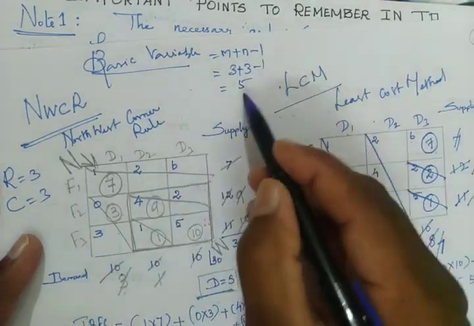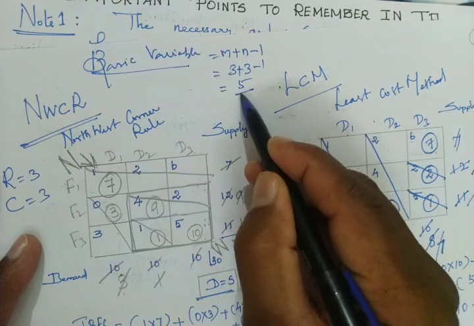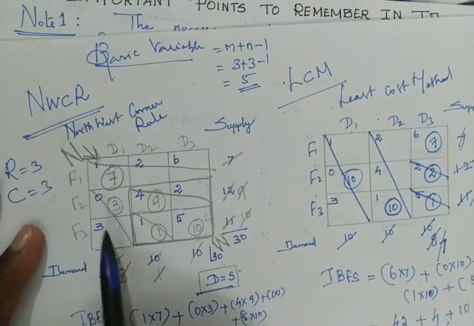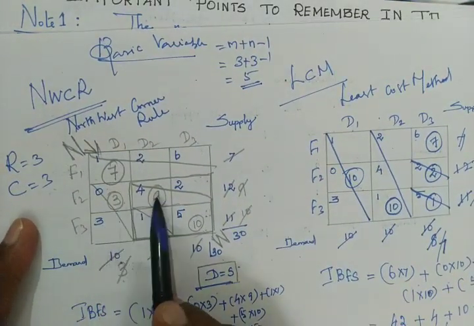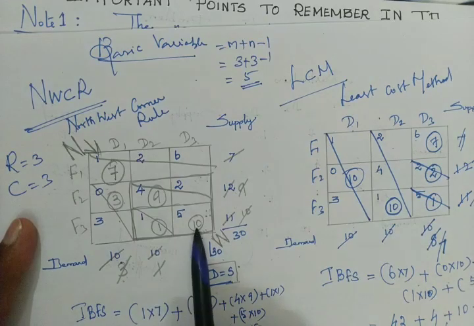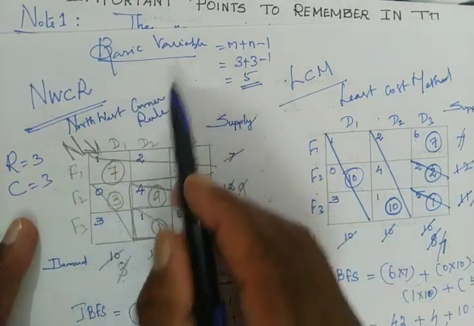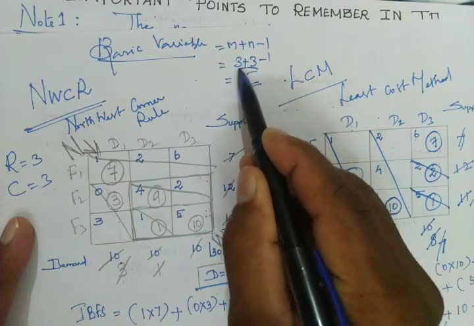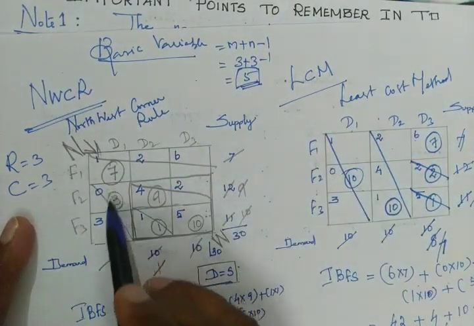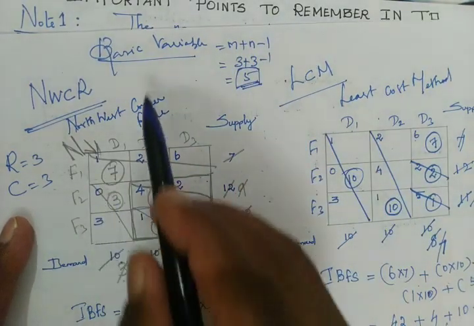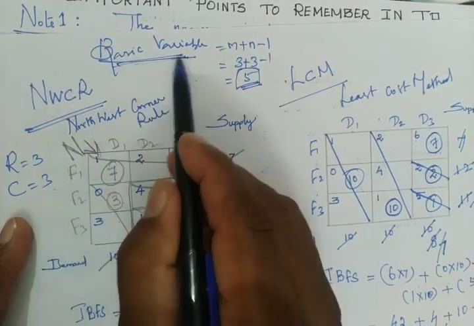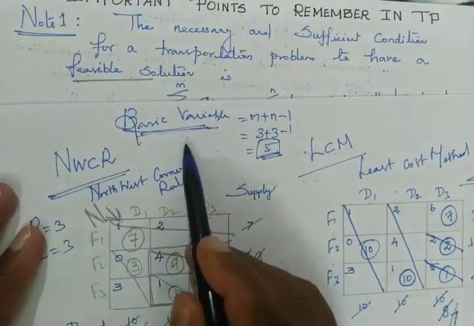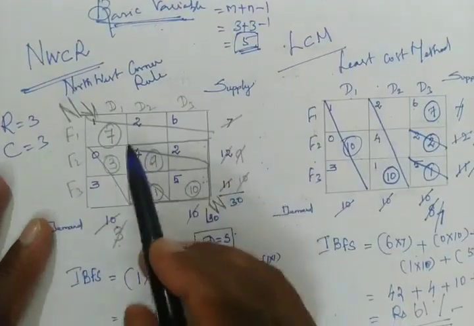See here, the basic variables: how many cells did you allocate? 1, 2, 3, 4, 5. See that the number of basic variables in this given problem is 5. 5 cells are allocated. Therefore, through the basic variables only you are getting the feasible solution.